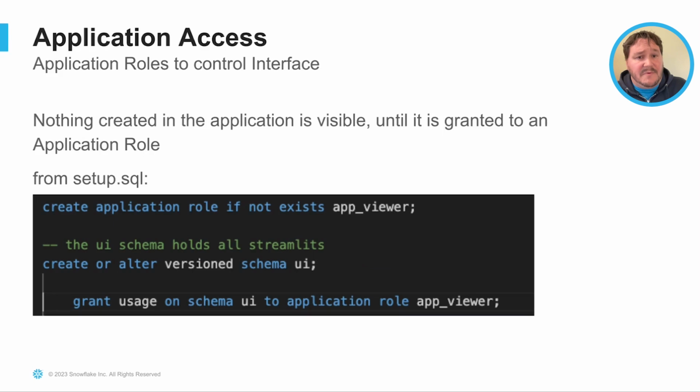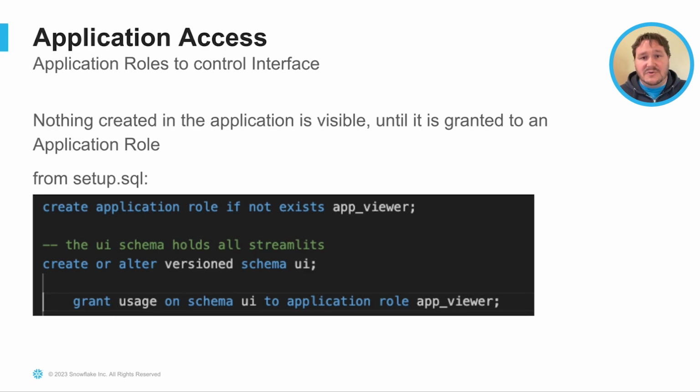Now, finally, we move on to the public interface of your application. And as I was saying before, you get to control the interface of your app. Nothing that you create in your app is actually visible to a single role in the consumer's account. Even account admin can't see the artifacts that are inside your application. So what you have to do as an application provider is, in your setup script, create application roles.